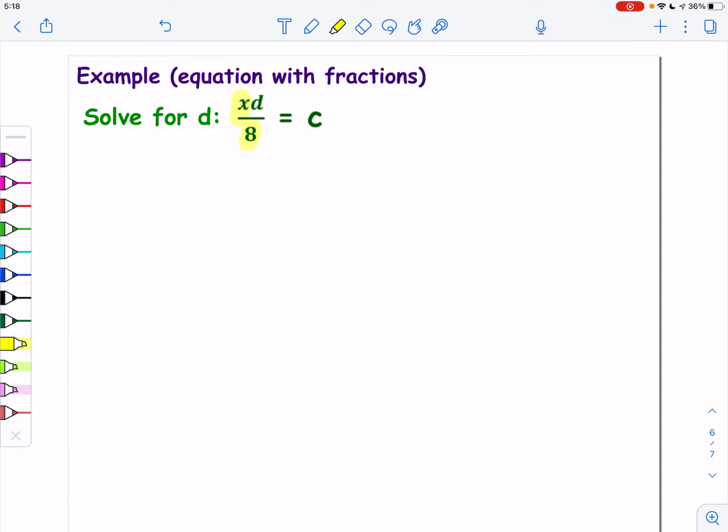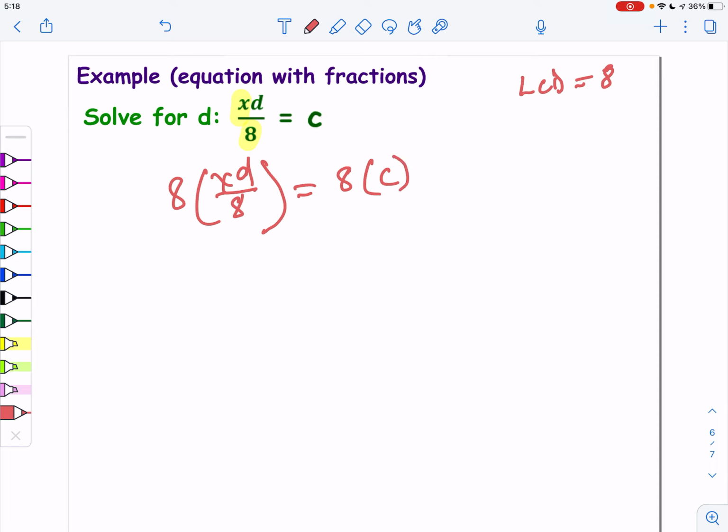Multiply both sides by 8. 8 times xd, of course, and you're doing that to remove your denominator so you can make calculations easier. 8 cancels 8. xd is left. 8 times c is 8c.